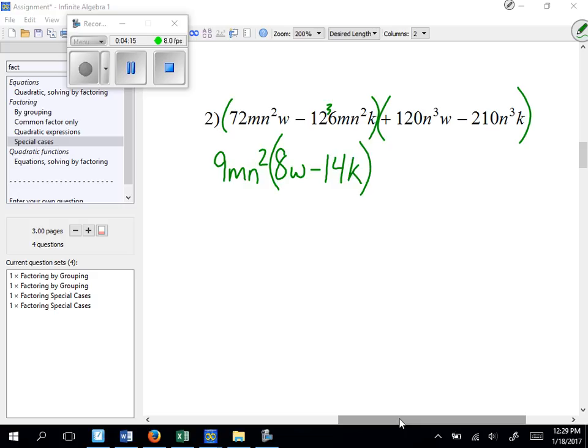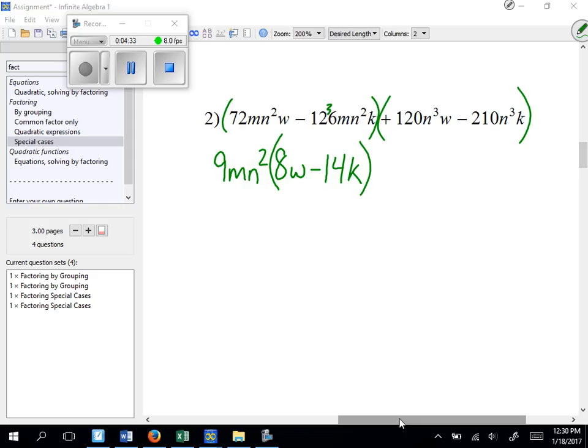All right, over here, 120 and 210. I know 10 goes in. 15 maybe. 15 goes in. 30 goes into it. I'm going to try 30.